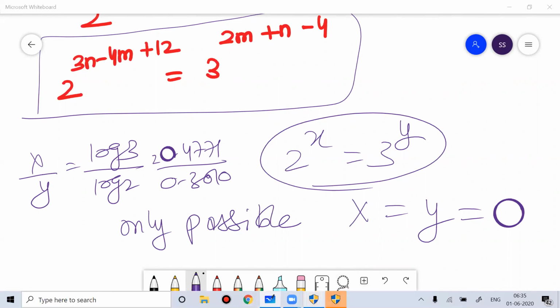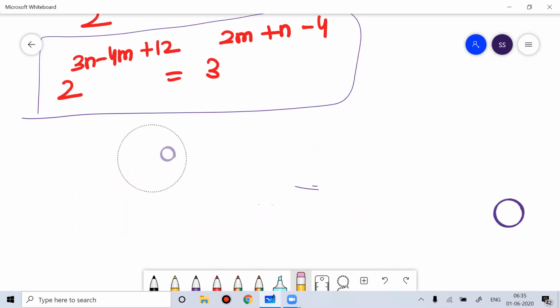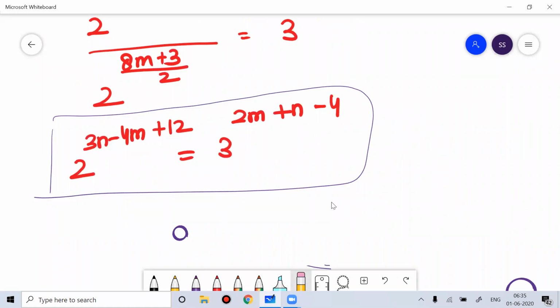Otherwise, this is not at all possible in any other case. So I hope you are understanding this. This is only possible if the powers are equal to 0. Then only this is possible.